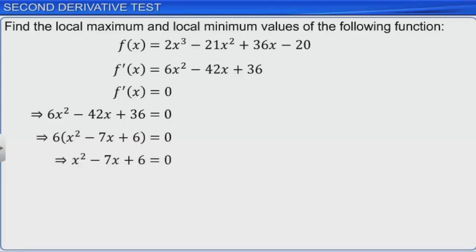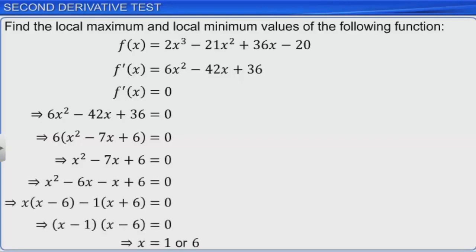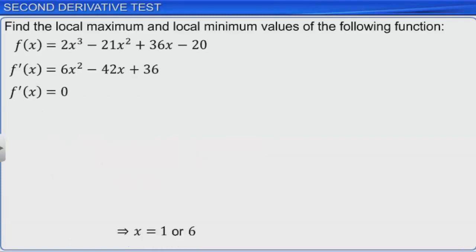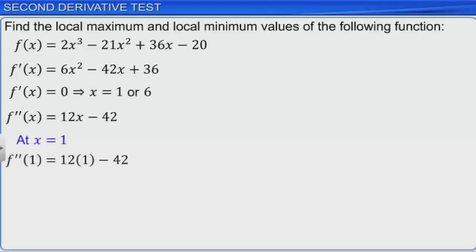Now, we will find the second derivative. The second derivative of f is equal to 12x minus 42. The value of the second derivative of the function at x equal to 1 is minus 30. This shows that the second derivative of f at 1 is negative. Hence, the function has a local maximum value at x equal to 1.